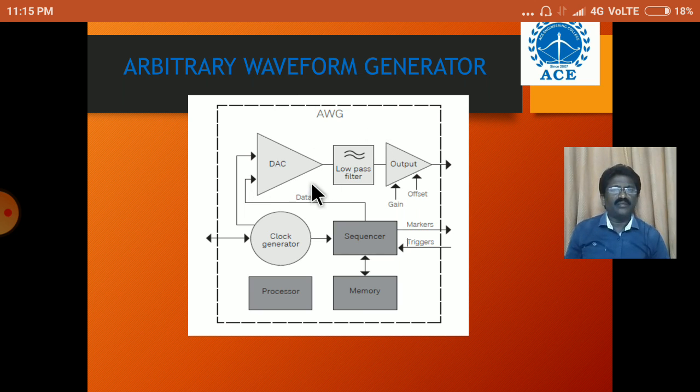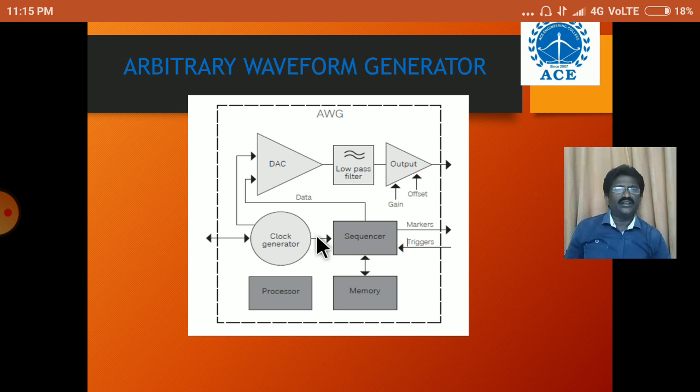The higher the number of bits, the higher the vertical resolution and the more detailed the output waveform will be. The DAC can use interpolation to reach an even higher update rate than what was supplied by the waveform memory. So this is the function of the DAC.